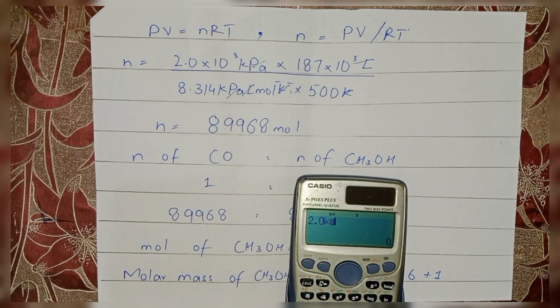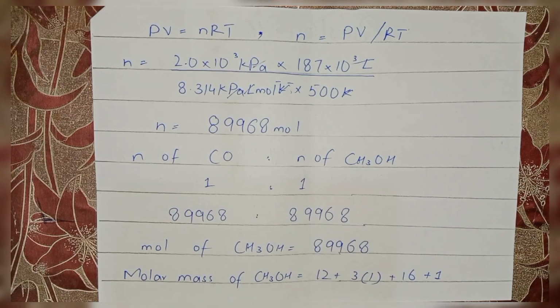2.0 into 10 to the power 3, into 187 into 10 to the power 3, then divided by 8.314 and then divided by 500. The answer is 809,968 moles, which is the moles of carbon monoxide.